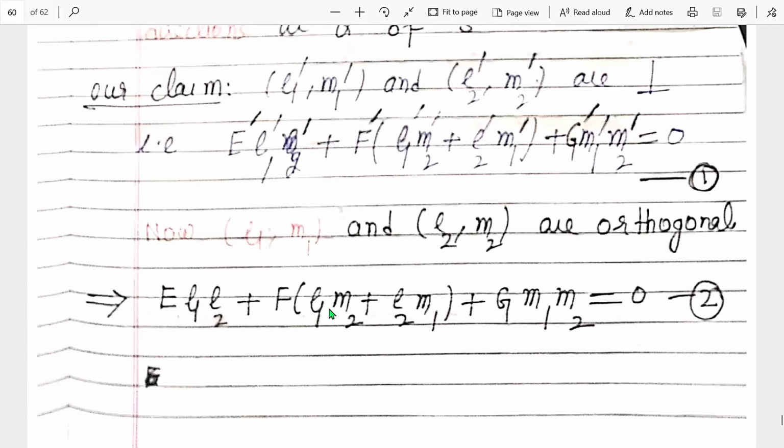EFG is related to S and E dash F dash G dash is related to S dash. So remember, because these directions are orthogonal, it satisfies this property, because the cos of the angle is 0. So this is equal to 0 by equation number 2.